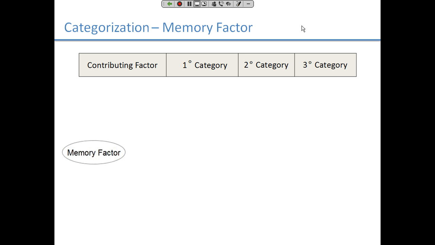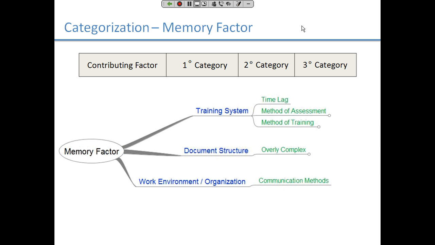I'd like to go on to memory factor, which is another one that can be categorized in this way. Often in the execution of a task, we make a mistake. There's an error that occurs because something was not remembered in carrying out that task. And if it has to do with training, it may be the time lag.